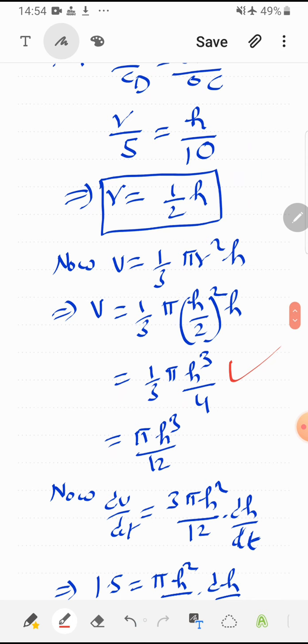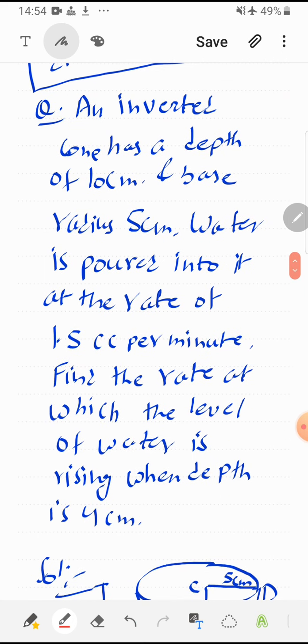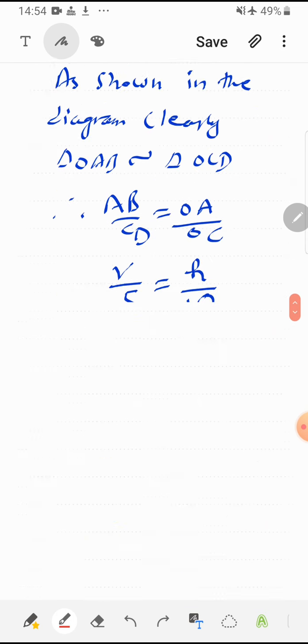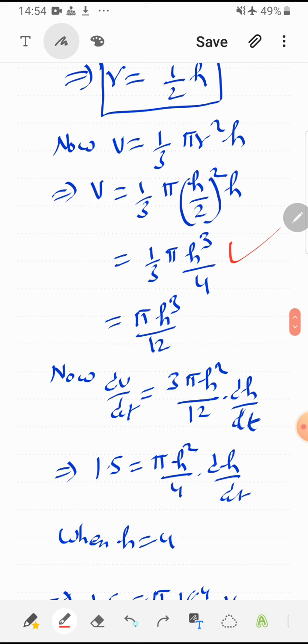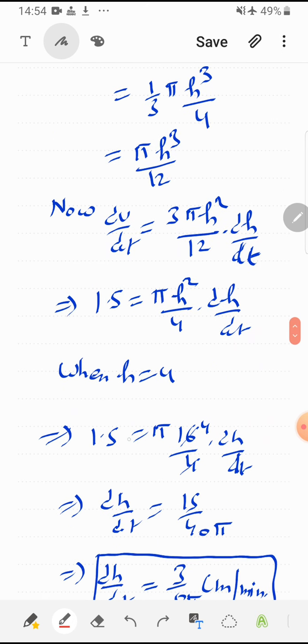Now differentiating with respect to t, I get dv by dt equal to 3 pi h square by 12 into dh by dt. Now it is given that the height, or depth, is 4. So I am putting this value here, and also dv by dt is 1.5. I am putting this value also.